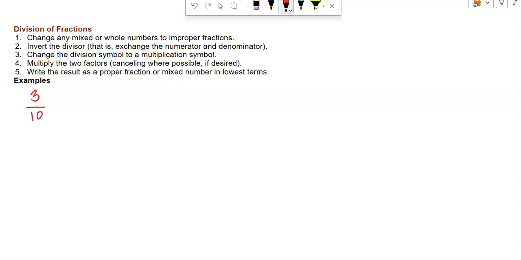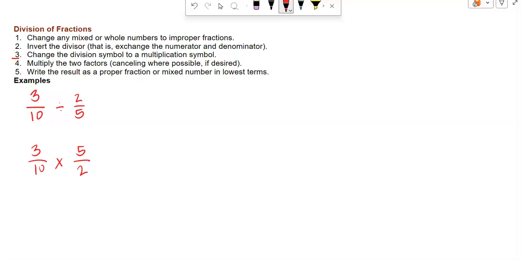If we have 3/10 divided by 2/5, to make this easy, all we need to do, and I'm going to keep the first number, then I'm going to switch out my denominator and numerator. So that's 5/2. Okay, and step 3 says to change the division symbol into multiplication.